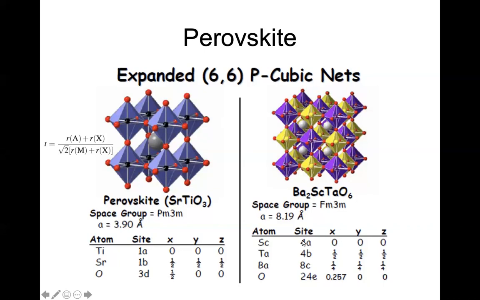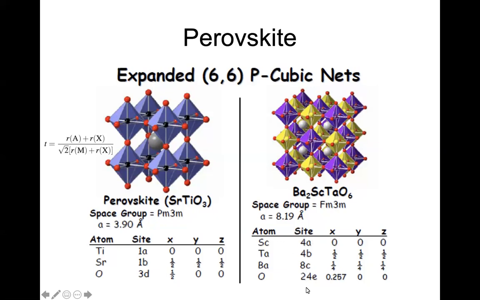Scandium 4A position. Okay, so all the scandium atoms are 4A. Tantalum 4B position. So that takes half of half. And then barium 8C position, 1 by 4, 1 by 4, 1 by 4. Oxygen 24E, 0.25, 0, 0. Okay, this is what the coordinates are.